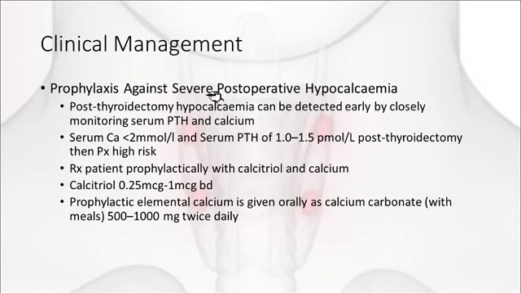Now, the prophylaxis for severe post-operative hypocalcemia. Remember what I told you at the beginning. Those people who are having surgical resections of a parathyroid adenoma, or surgery on their thyroid glands, need to be monitored overnight after surgery.